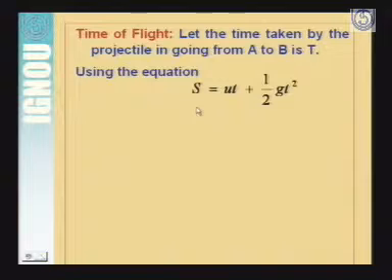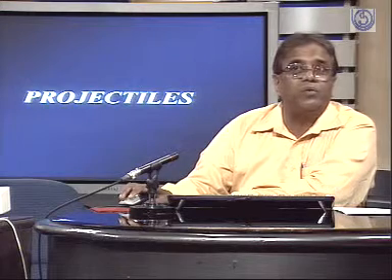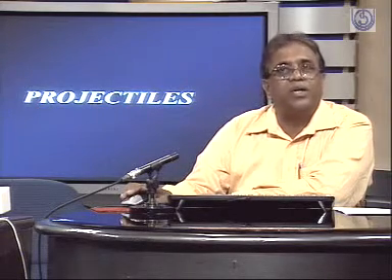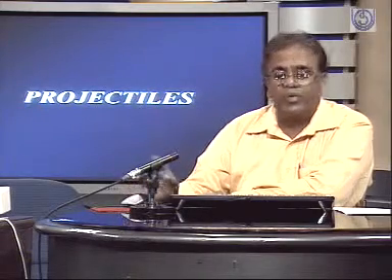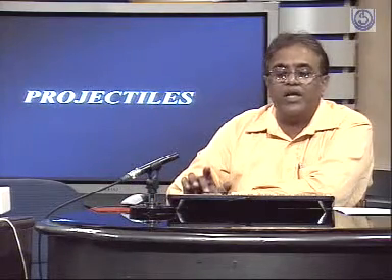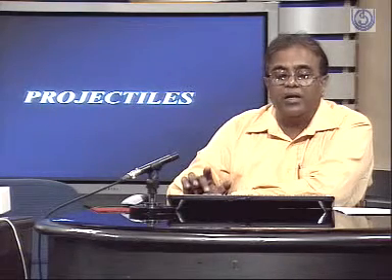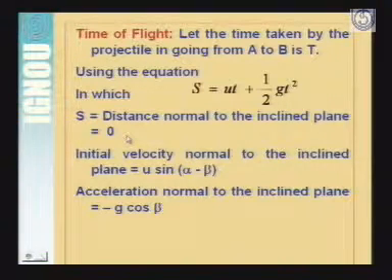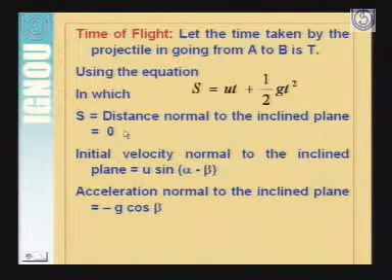So we will consider the simple equation S is equal to ut plus half g t square, in the direction perpendicular to the inclined plane. When it comes back to the inclined plane, the displacement normal to the plane will be 0. So S will be 0, and the initial velocity normal to the inclined plane is u sin(alpha minus beta), and the acceleration is minus g cos beta.